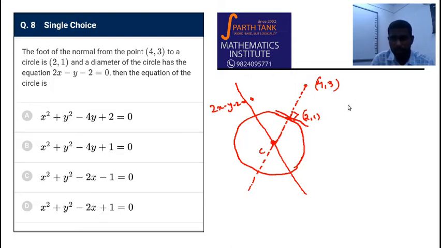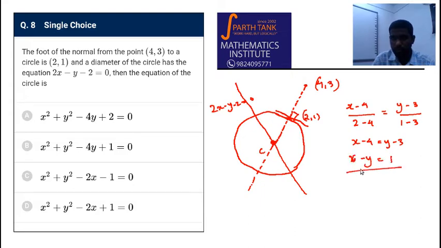So line joining 4, 3, 2, 1 is x minus x1, x minus 4 by x2 minus x1, 2 minus 4 is y minus y1, y minus 3 by y2 minus y1, 1 minus 3. So minus 2 can be cancelled, x minus 4 is y minus 3 or x minus y is equal to 1. This is one equation. Okay.